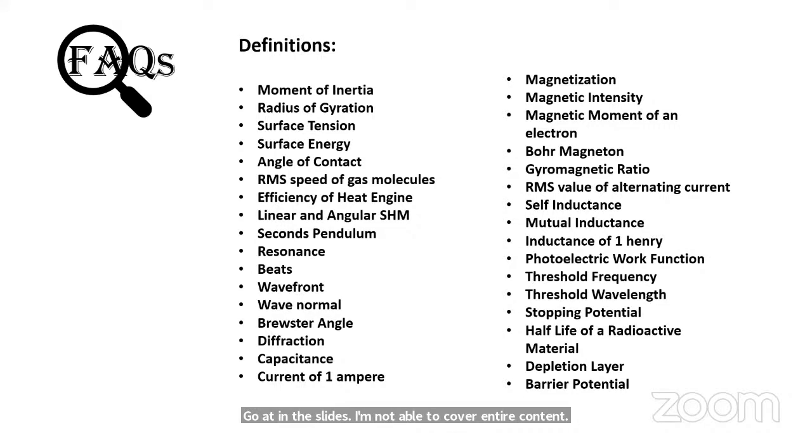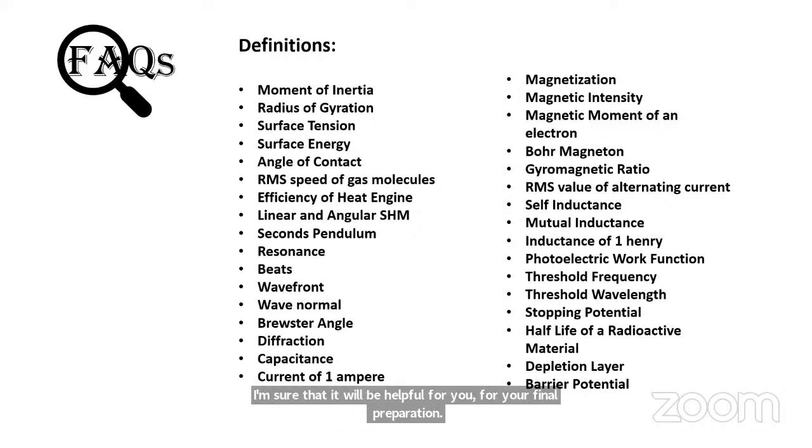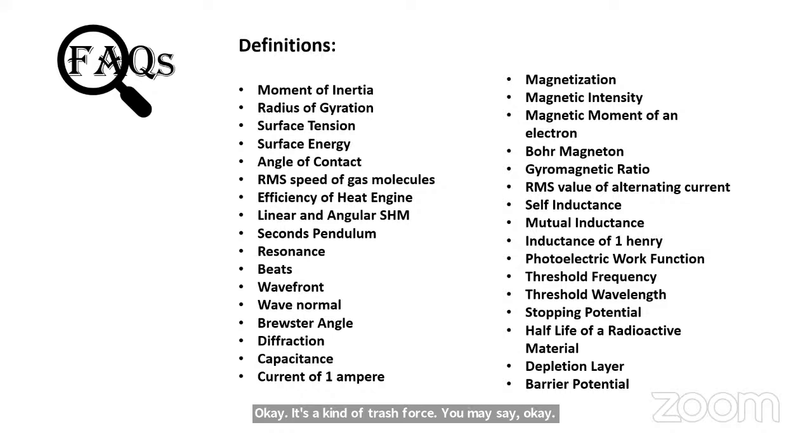But even though if you prepare yourself with these key points, I have tried to include the FAQs, frequently asked questions, category wise. So if you use this as the key points for your quick revision, I'm sure that it will be helpful for you for your final preparation. It's a kind of crash course, you may say. Okay, so let us go through all these slides one by one.